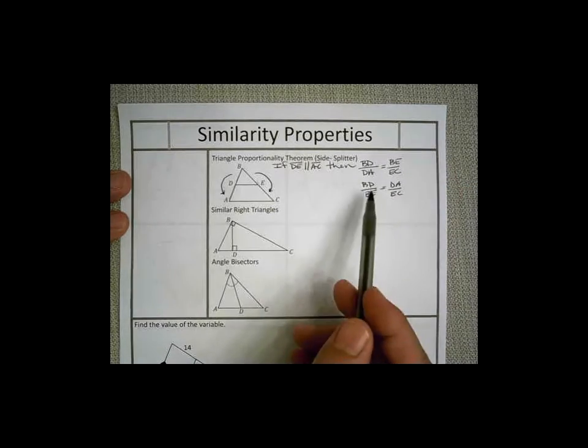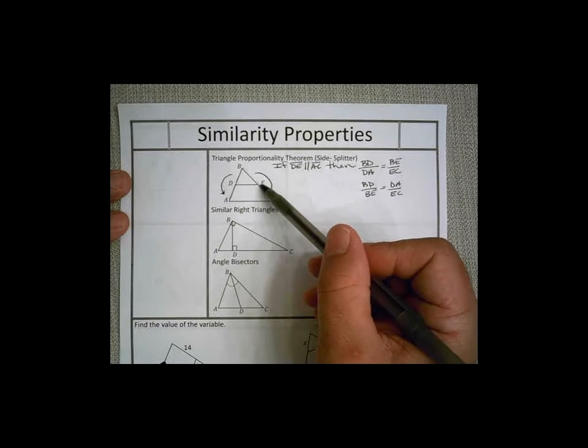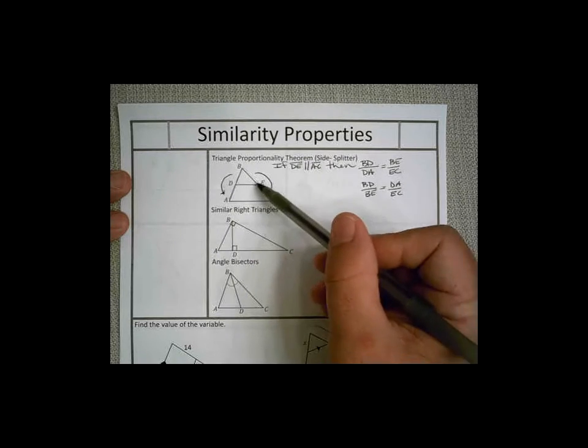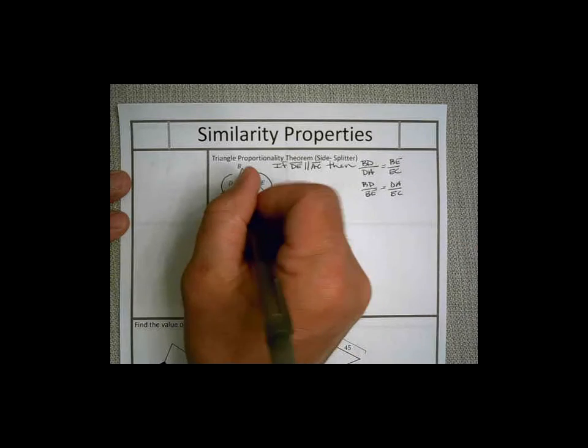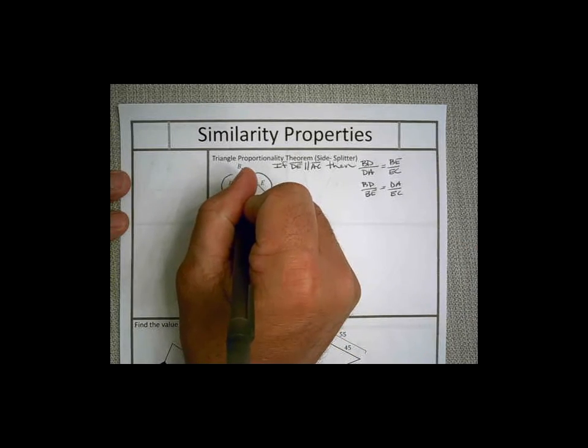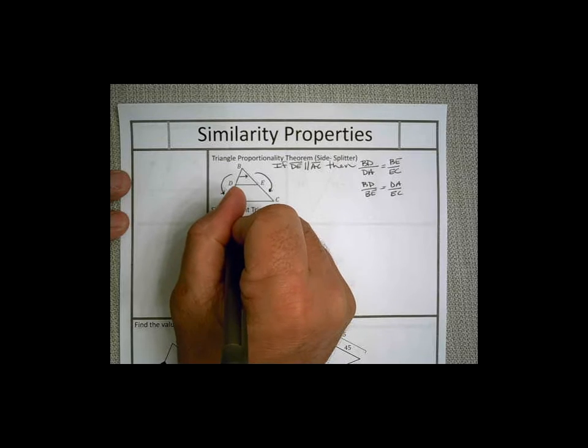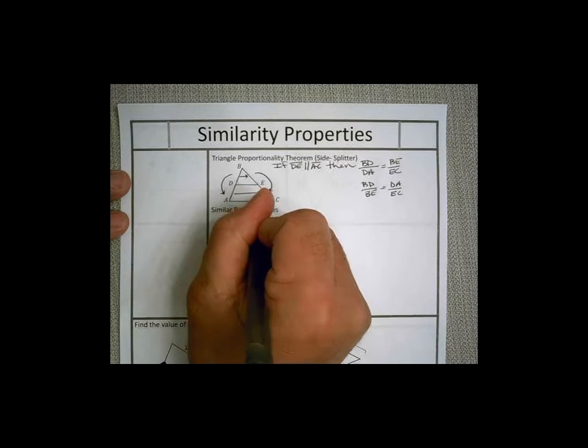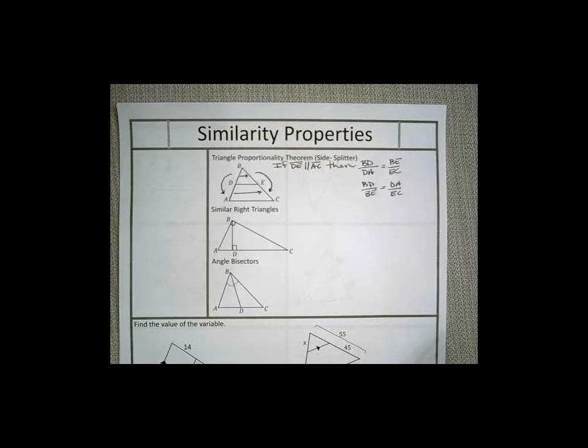And if I draw arrows again, I'm saying BD over BE equals DA over EC. And so what I'm trying to show you is when you're setting up your ratios and proportions, draw arrows, and as long as those arrows are going the same direction and don't cross, it will work. Okay?